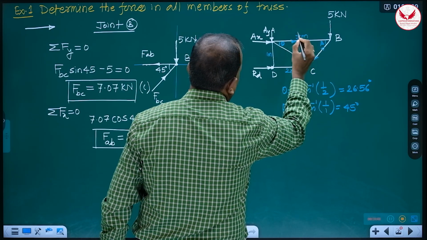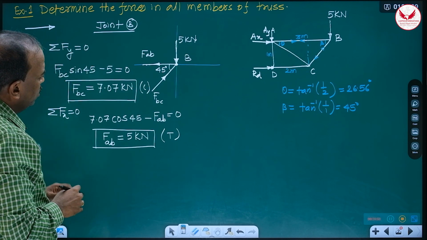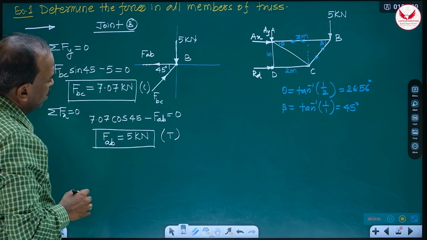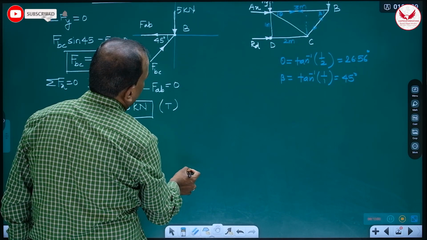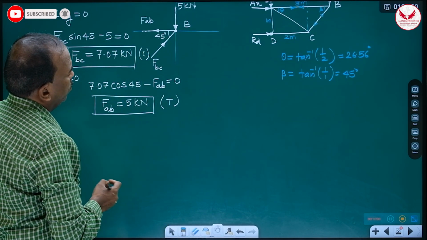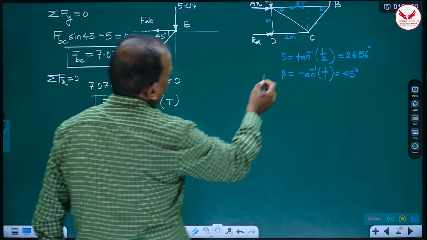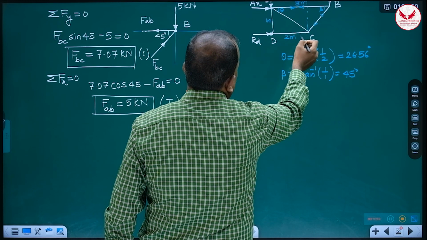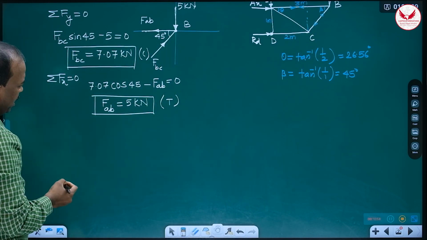So these are the two members known. Now we have to consider the next joint. How can we consider the next joint? Where only two unknowns are there, and at C only these two unknowns are there, so that we can easily analyze.